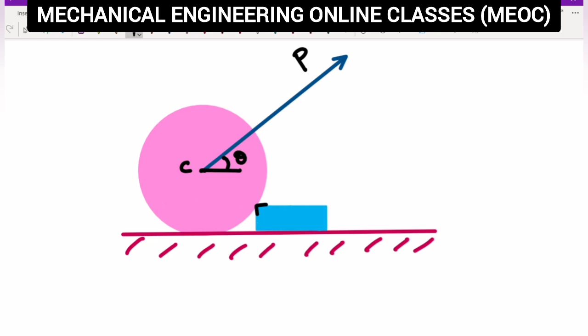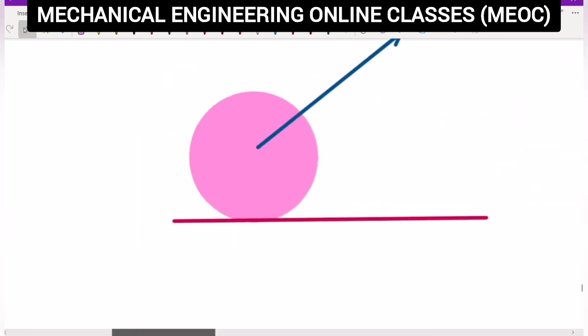This circle is pulled by some force P, and it is coming in touch with a sharp edge or a knife edge here, this corner of the blue block. What will be the free body diagram of this? If the weight of the object is given, then through the center the weight W will be acting. This force is acting through the center C, at angle theta.